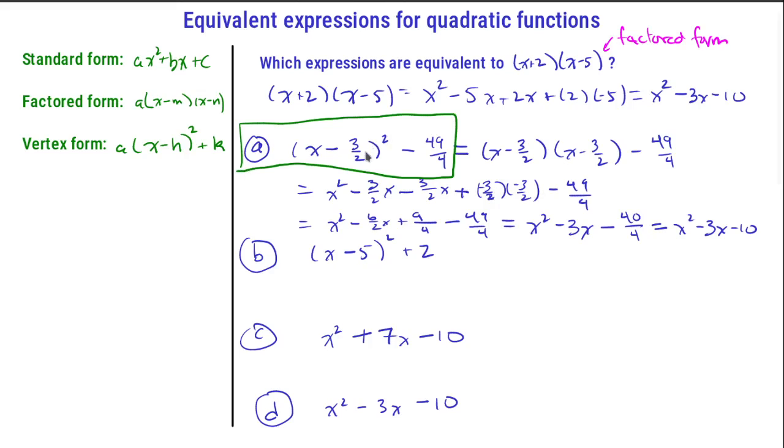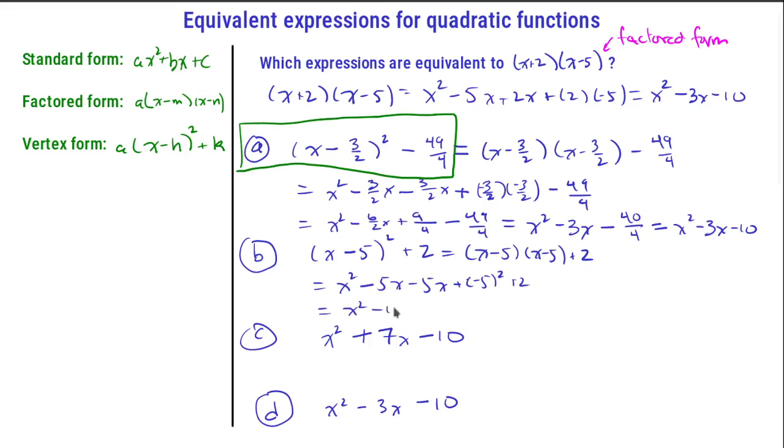All right, but we don't know it's the only one, so we've got to keep working through this. There's nothing that says there's only one correct answer here. So let's keep going through the options and see if anything else matches. So (x - 5) squared plus 2, same idea. We're going to FOIL it out and compare in standard form. So (x - 5)(x - 5) plus 2. First term's x times x, minus 5x minus 5x, and then negative 5 squared plus 2.